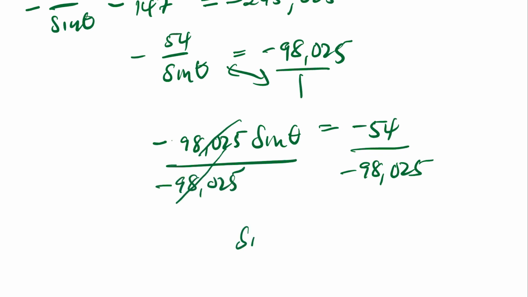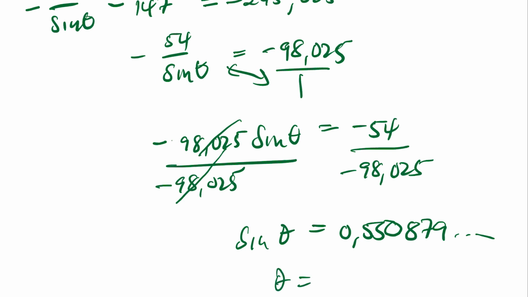So your sine theta is 0.5508798. Okay, I'll keep it in the calculator, and then I'll say arc sine answer. So it gives the same 33.43 degrees. It's the same. I hope you get that.